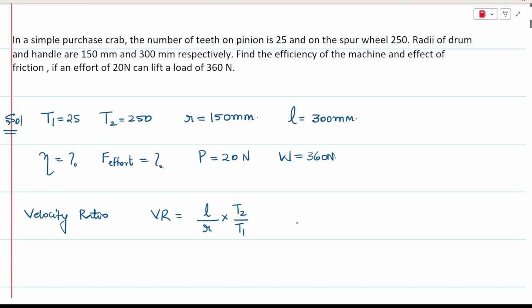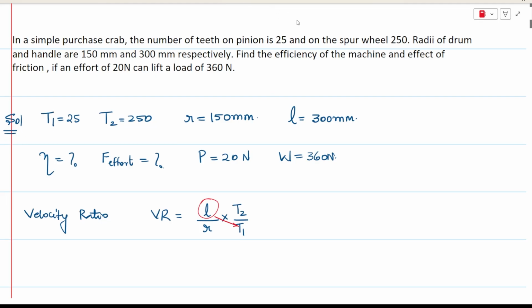So remember that the length of the handle is directly proportional to the number of teeth. So if L, the length of the handle, is in the numerator, on the same shaft onto which the handle is mounted, the teeth associated with the same shaft will be reflected in the denominator. That logic you have to understand.